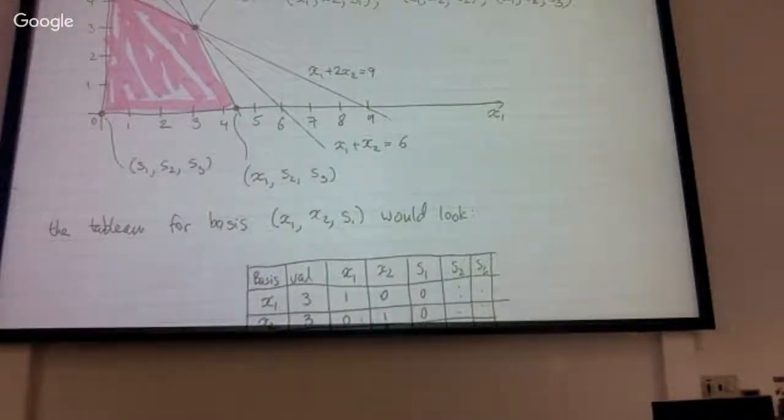It is indeed the number of decision variables, because when you have 2 decision variables like we have here, then everything is going on in the plane, right? And so the constraint boundaries are straight lines, and where 2 straight lines meet, it's a point.